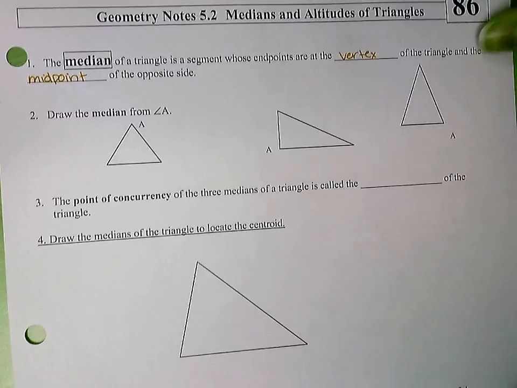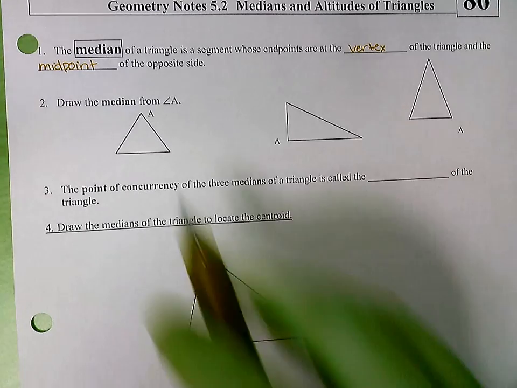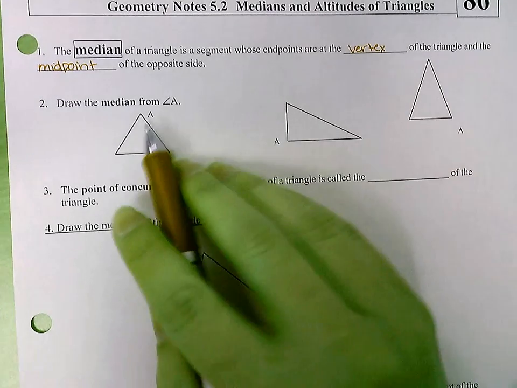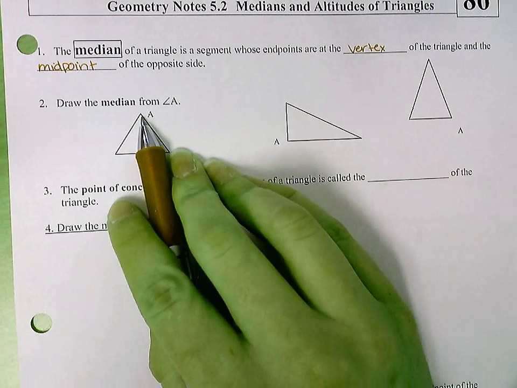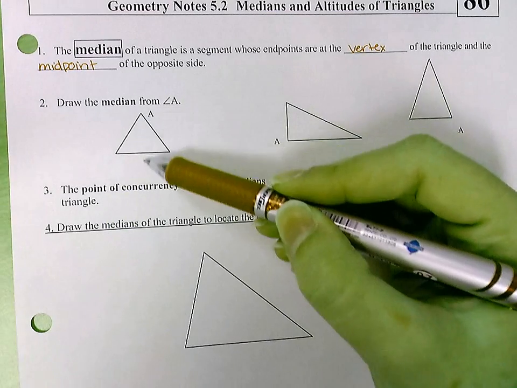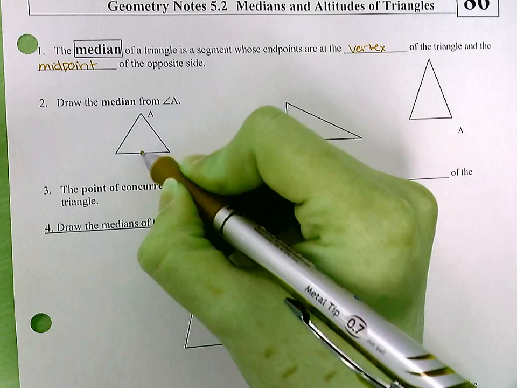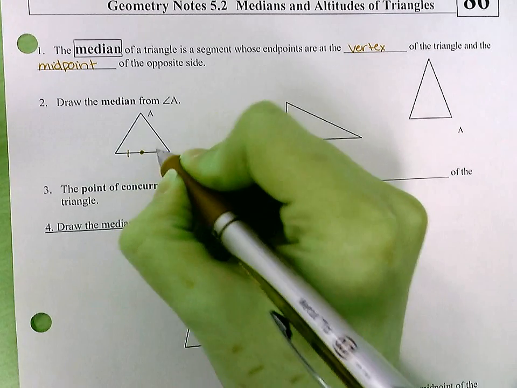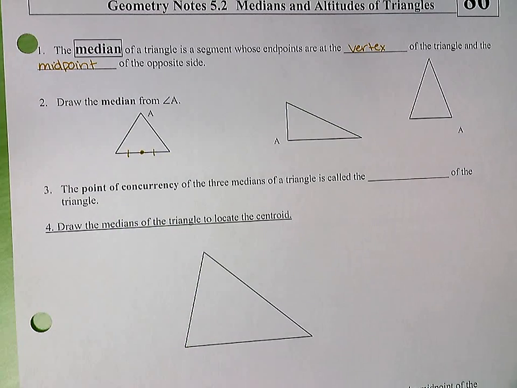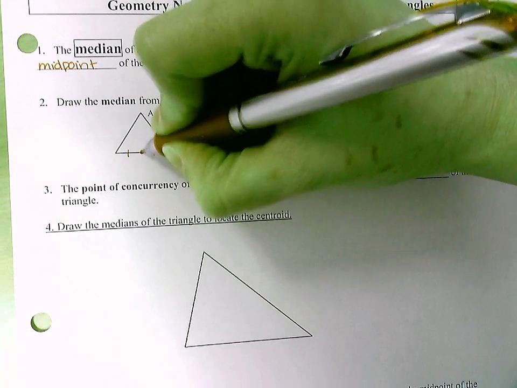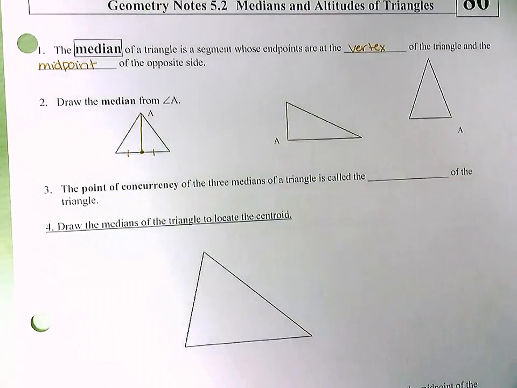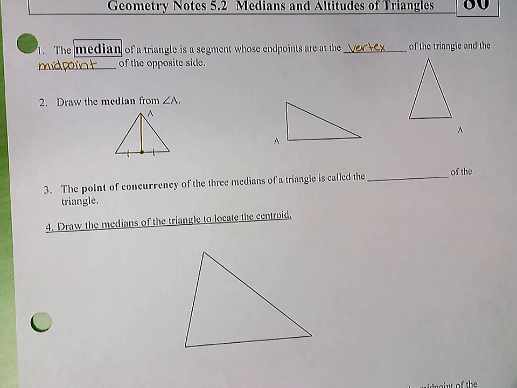My drawings here aren't going to be exact, but we're going to label it like it would be. So I want to go from angle A, meaning I need the midpoint of the side opposite that angle. So we're just going to draw on a midpoint, and I'm going to label it so I know it's a midpoint. And then we're going to connect that midpoint to that angle. Okay, and that would be a median of that triangle.